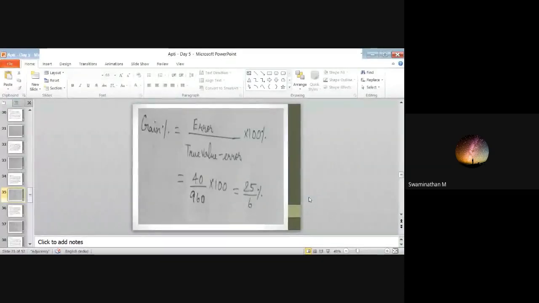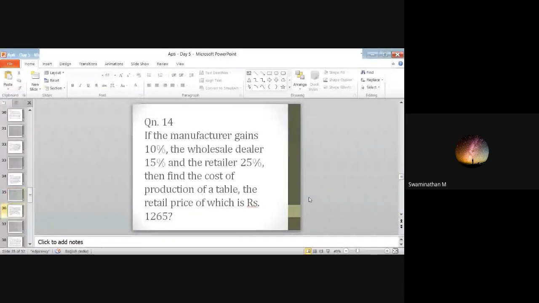We shall proceed. If the manufacturer gains 10%, the wholesale dealer 15%, and the retailer 25%, then find the cost of production of a table, the retail price of which is rupees 1265. So the final retail price is 1265.